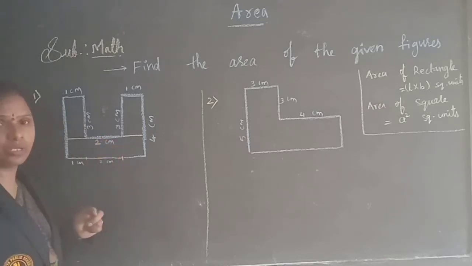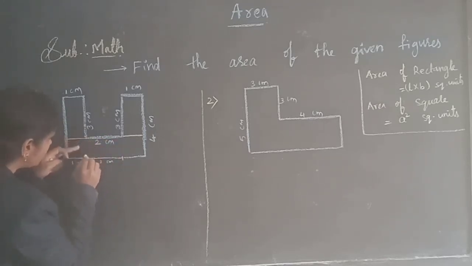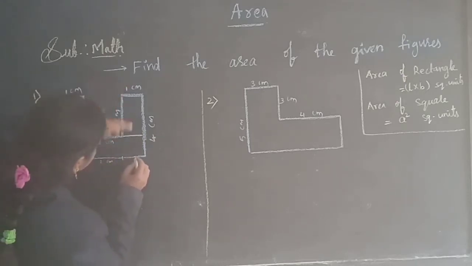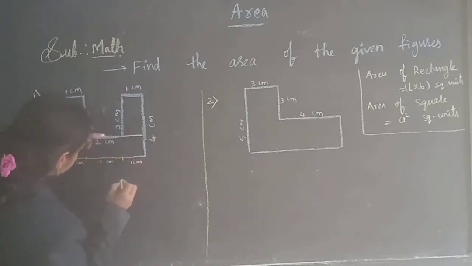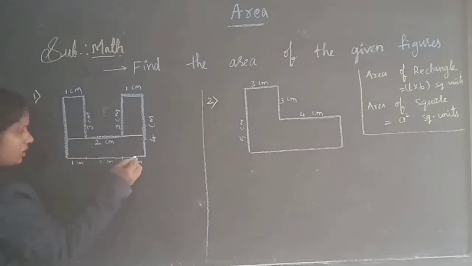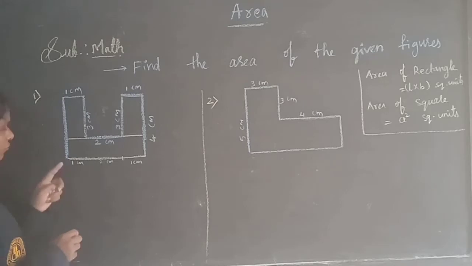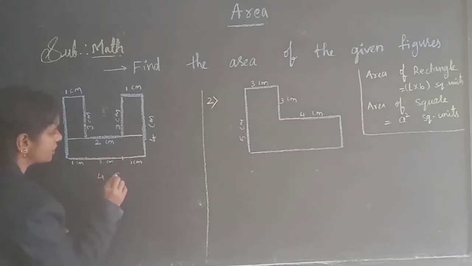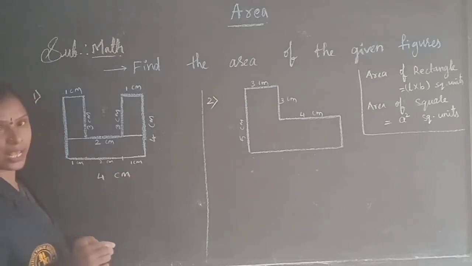Opposite sides are equal, children. So the opposite of this is 1 centimeter and the opposite of this is 2 centimeters. What is the length of this side? 1 plus 2 is 3, 3 plus 1 is 4. So the length of the whole side is 4.